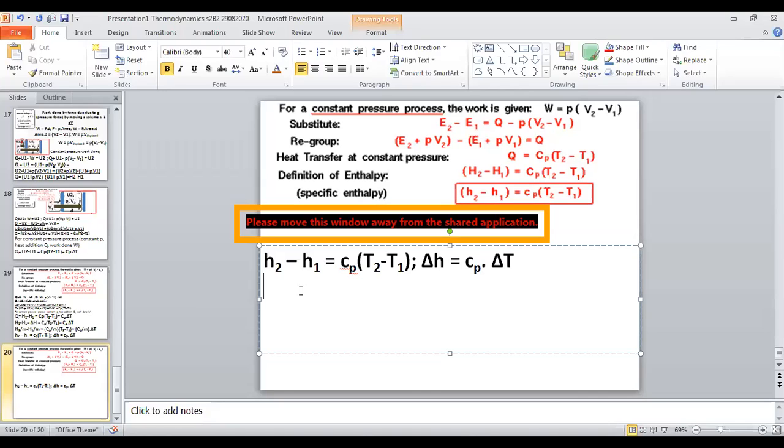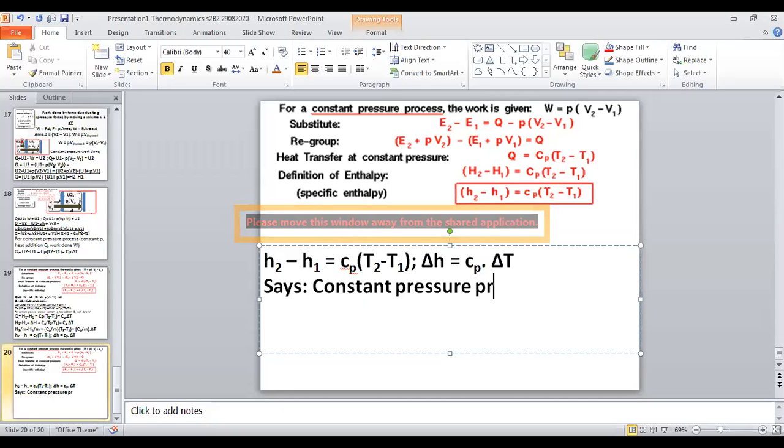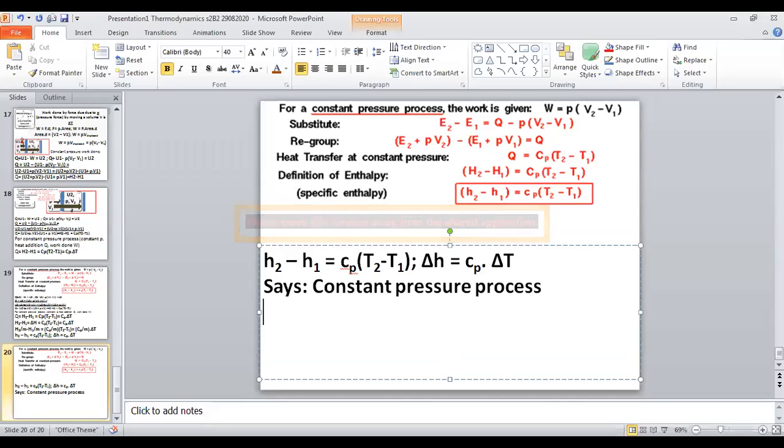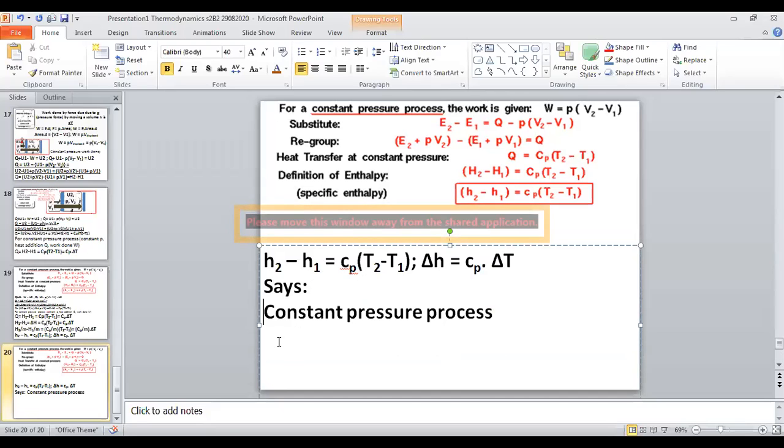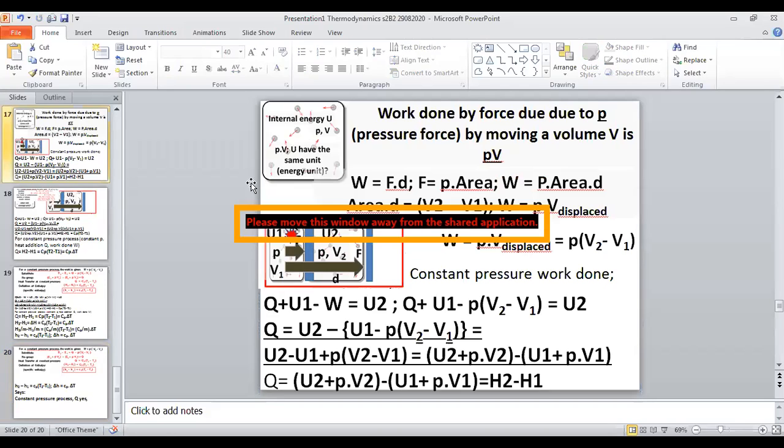Okay, so this says constant pressure process. Here there should be Q. Yes, there should be heat addition.